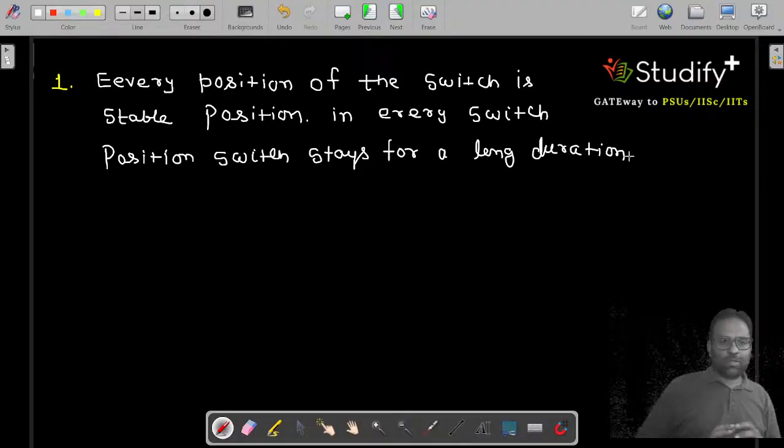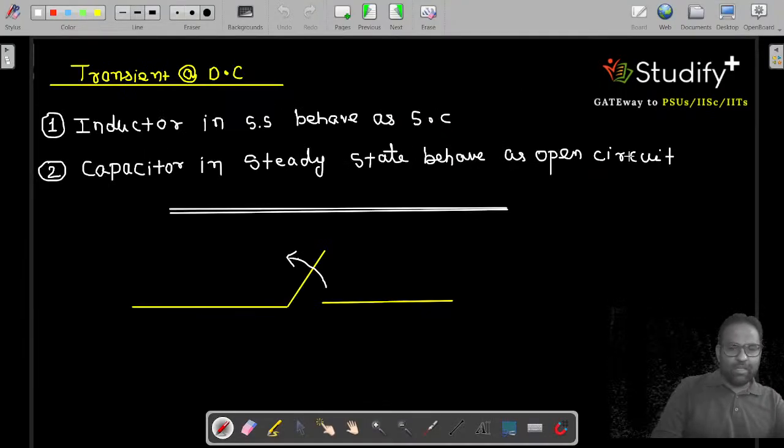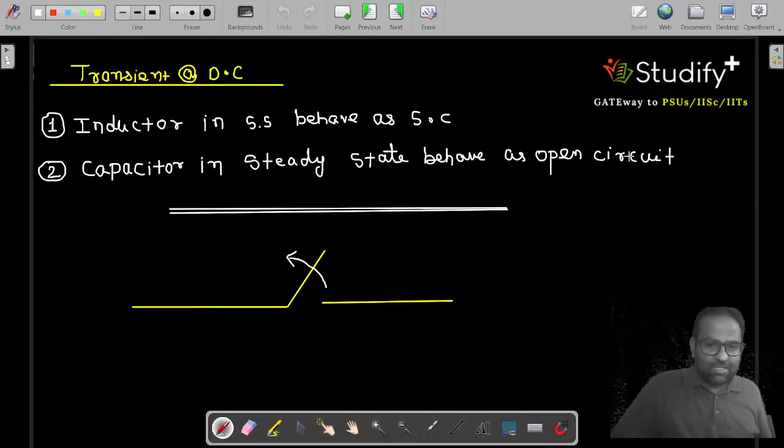For a long duration means for every state, whether it is on or off, the switch will stay for a very long duration. That long duration goes till infinity, or it will achieve the steady state. We'll talk about that. What is the next thing?